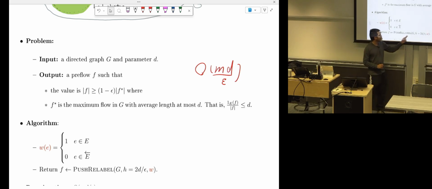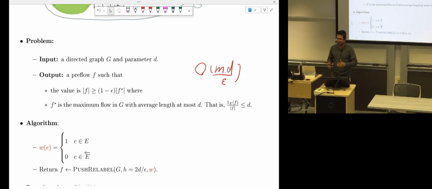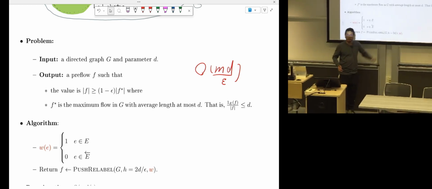And we just run push-relabel on this weight function. And the maximum height is more than D by quite a bit, like 2D over epsilon. So if epsilon is small, then it's bigger than D by quite a bit. But if you think of epsilon as constant, it's just order of D. Okay.